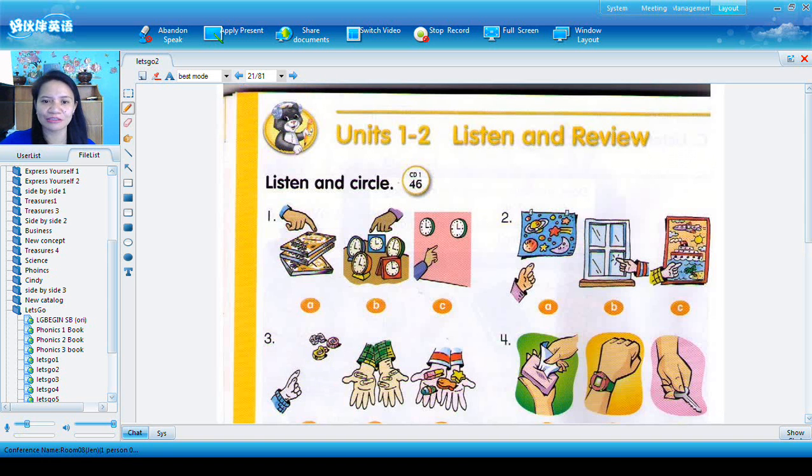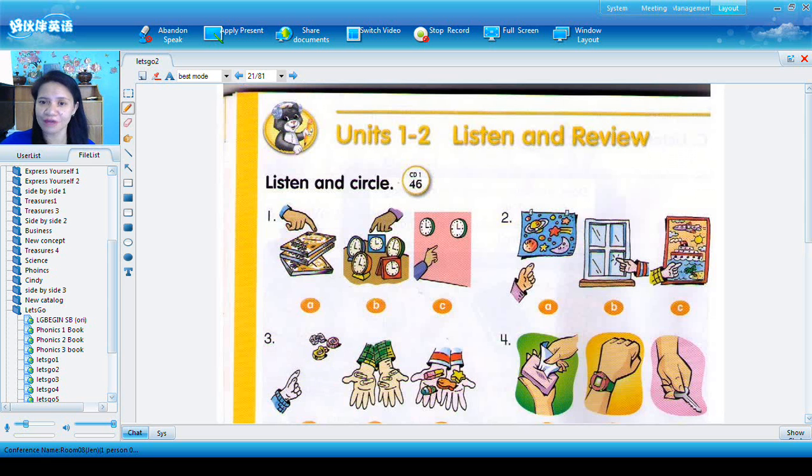It's a review on units 1 and 2. Remember the use of that and this and these and those. We use the word that if there's only one and it is far. You use the word this if there's only one and it's near you.